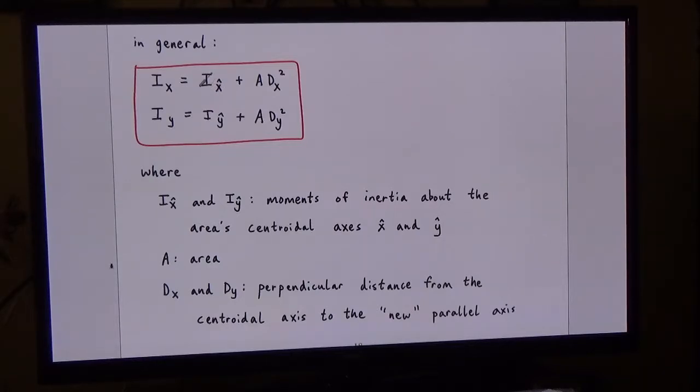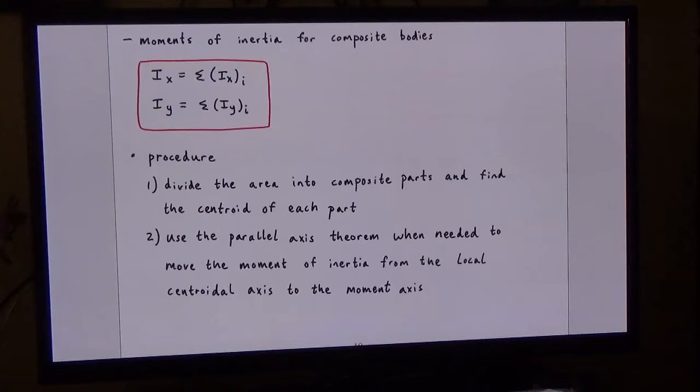So in essence, we're already given this term for different simple shapes. So to find the moment of inertia of that shape about a new axis, say the x-axis, we can just use the parallel axis theorem to move it to the new x-axis. Which, along with moments of inertia for composite bodies, we've already kind of seen, that's how we find moment of inertia for a composite body.